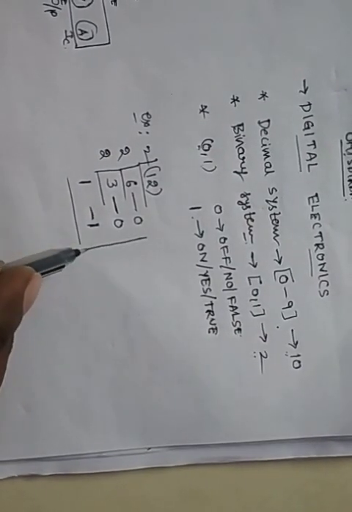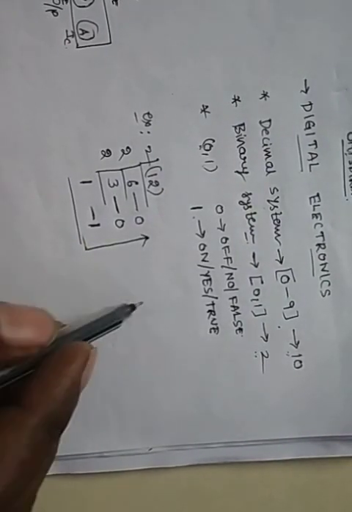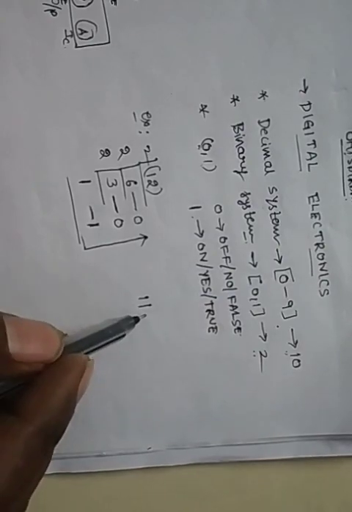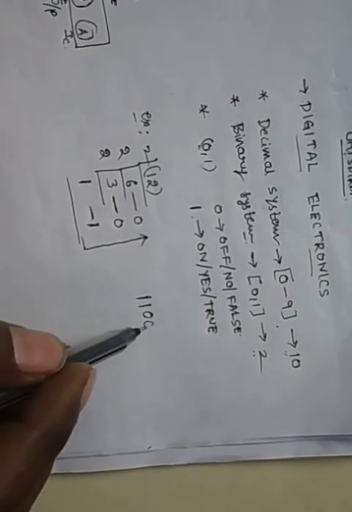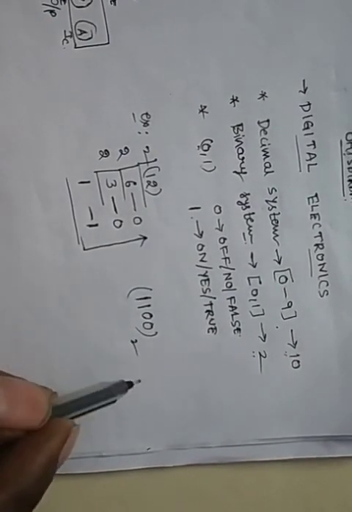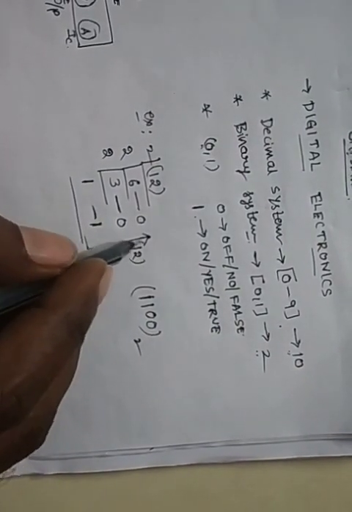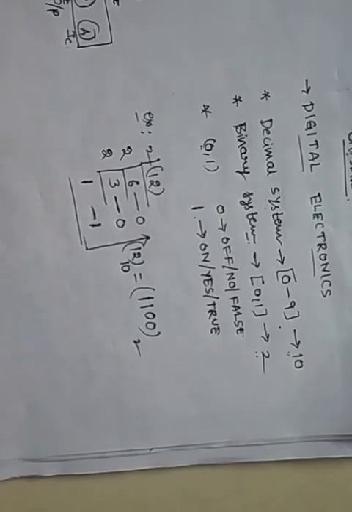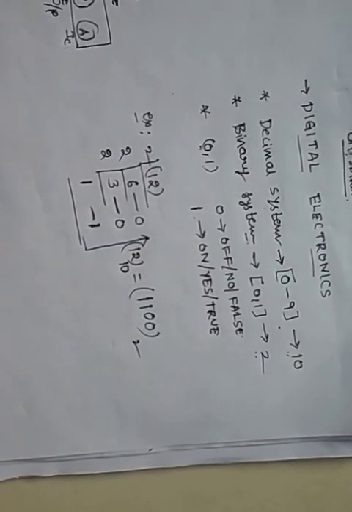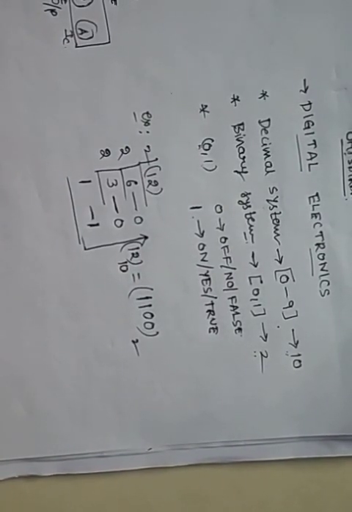That means you can write like this, this is the order of writing. So 1 1 0 0 base 2. You can write 12 base 10 is nothing but 1 1 0 0 base 2.